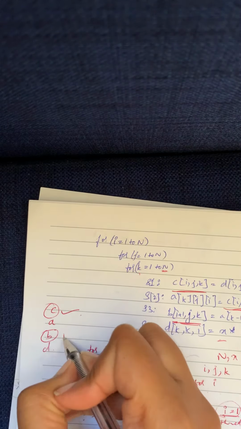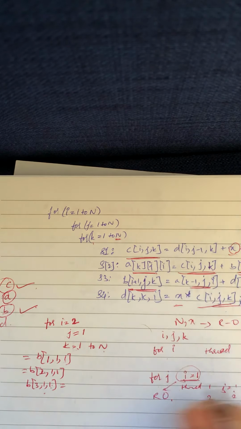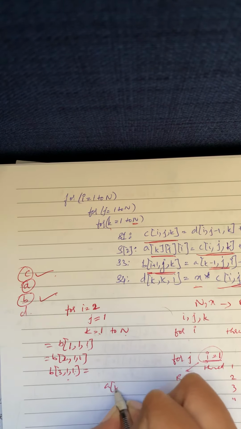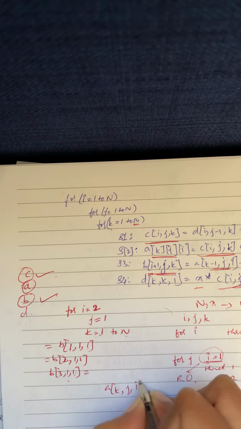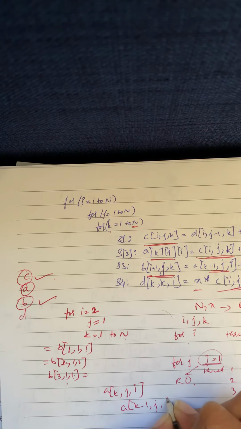Let's look at A. For A, we are touching this guy here and this guy here, right? So that is A k j i, and A k minus 1 j i.